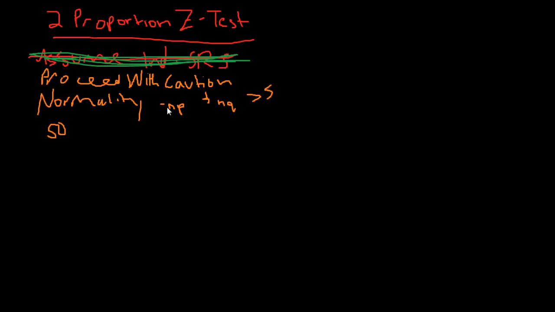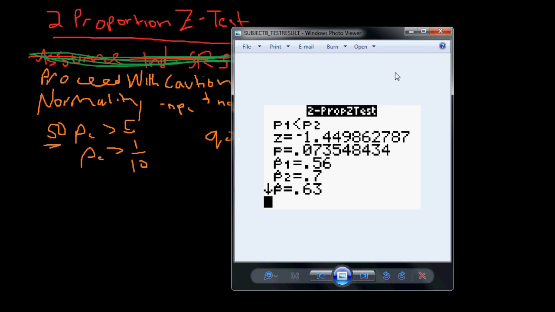So since our sample is of size 50, p or q, this is combined, have to be bigger than 5. So 50 times that has to be bigger than 5, or p combined has to be greater than 1/10, excuse me. And then q combined also has to be greater than 1/10, since it's going to be the exact same thing. So as long as they're bigger than 1/10, we'll just check our results from our printout.